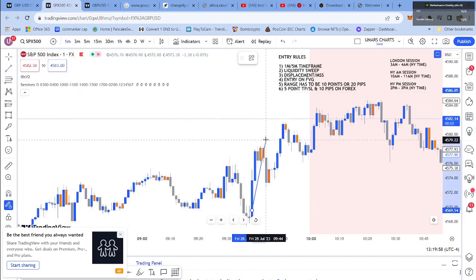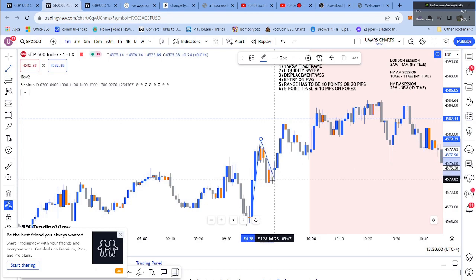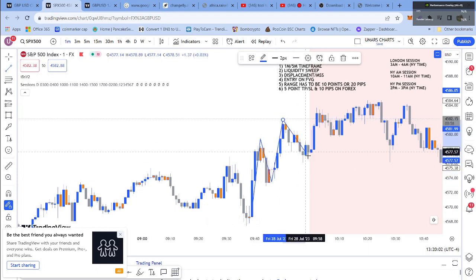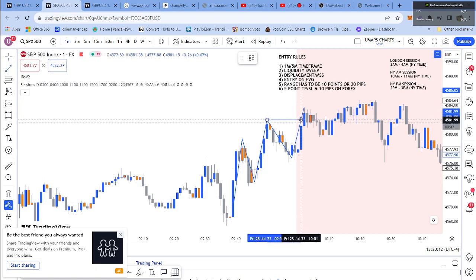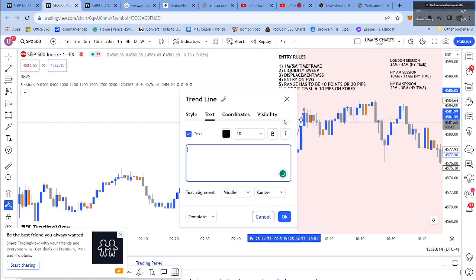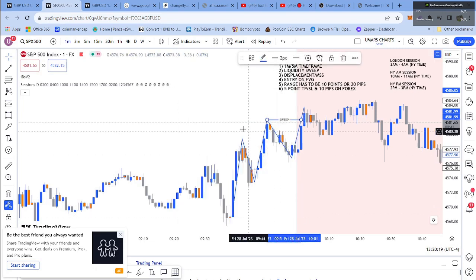Price created a high, then a low, and then another higher high, lower low, and over here is where price swept liquidity, entering the kill zone. This was a sweep of liquidity.